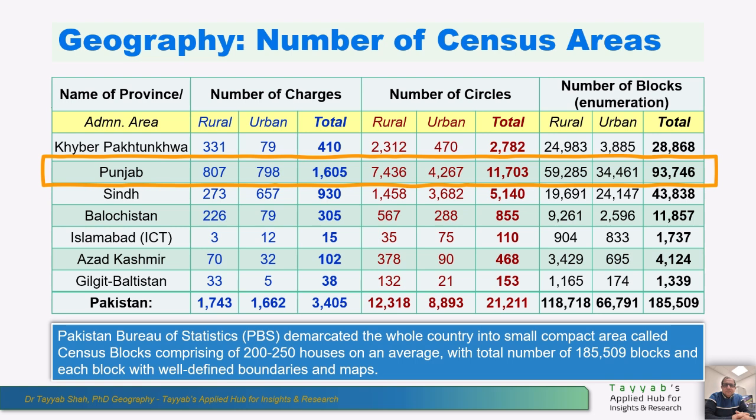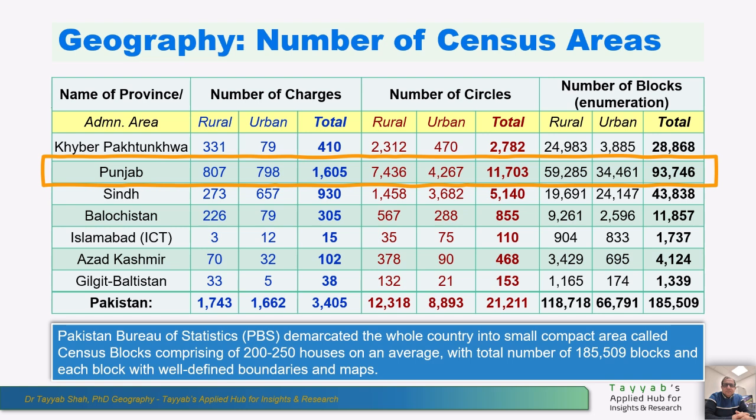One of the important units is the charge. A charge can be divided into urban and rural areas; mostly it's an urban phenomenon. In rural areas, it is called Kanungo and Tehsils, and Kanungo and Patwar Circle. Those are the terms they use.